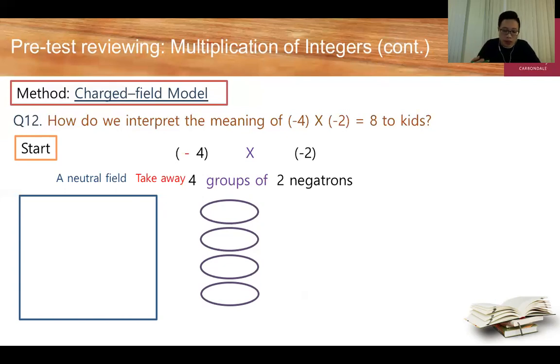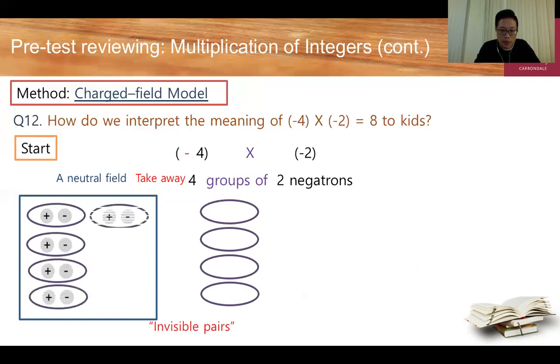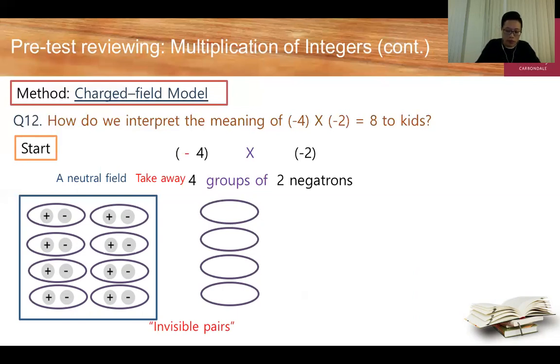So I will need 8 invisible pairs in the field like this, okay? And again, the invisible pair won't change the electric character of the field. So no matter how many invisible pairs you use, it won't make any change to the original field, okay?